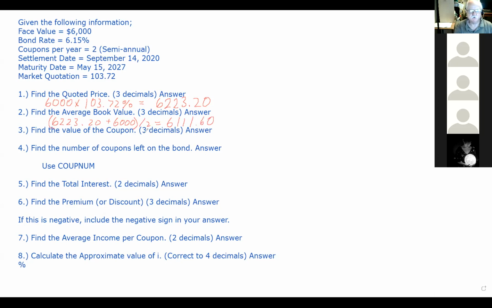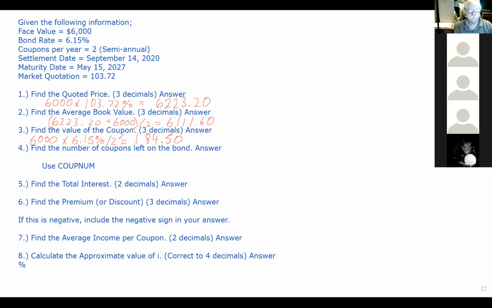So find the value of the coupon. So take the 6,000 times the coupon rate of 6.15%, but it's semi-annual, so divided by 2. So 6.15% divided by 2 times 6,000. 184.50.